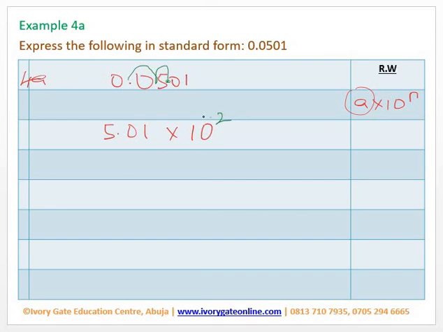No, it will be minus 2. Okay. So why minus 2? Because the transition now is to the right. For the positive integer, it was to the left. The move.